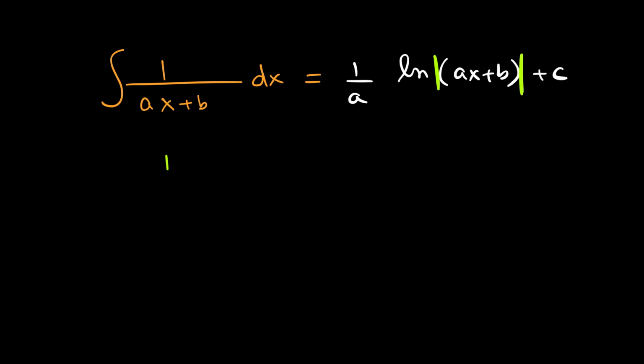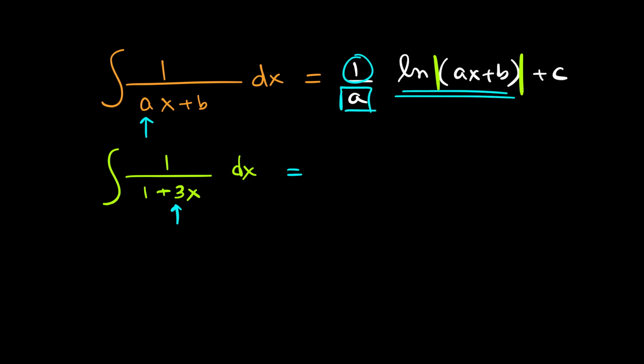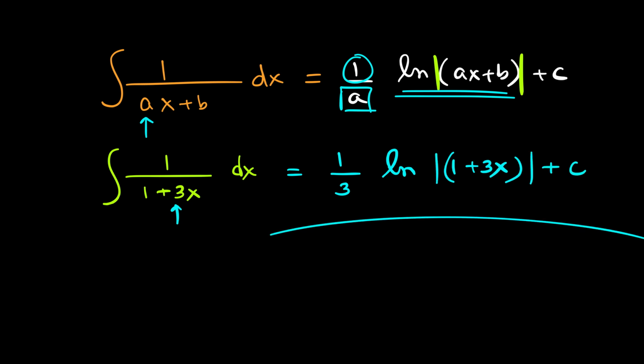Let's integrate 1 over 1 plus 3x once again, but this time using the formula in a quick manner. Here a is the coefficient of x. This is 1 over the coefficient of x, ln of the bracket. This is a faster way of achieving the answer for this integral.